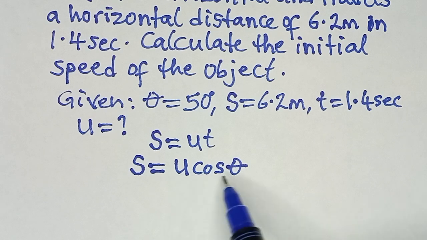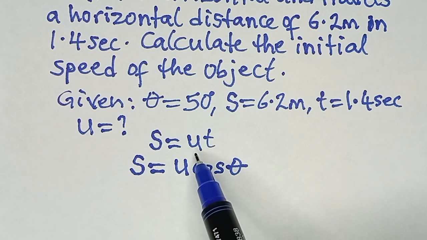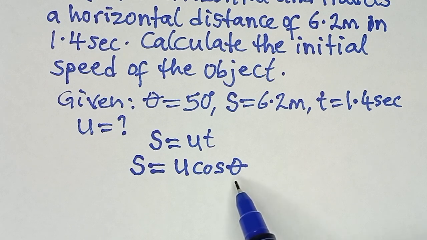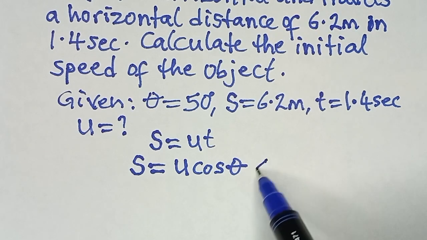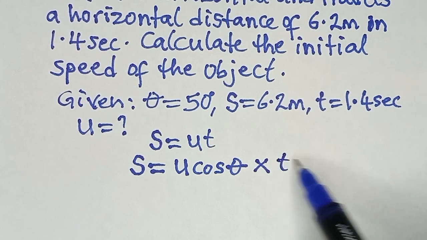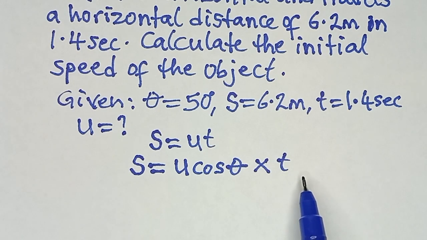That will be the effective velocity now, because it is not thrown horizontally, but thrown at an angle theta. So you modify the U as U cos theta and then multiply by T. So this is the formula we're going to be applying in this question for a projectile.